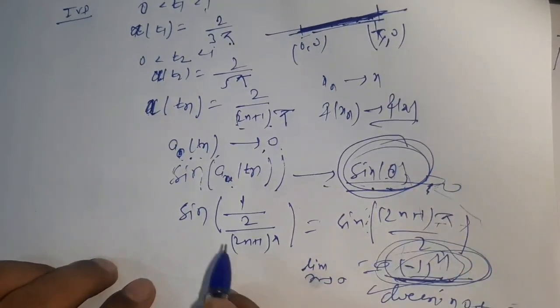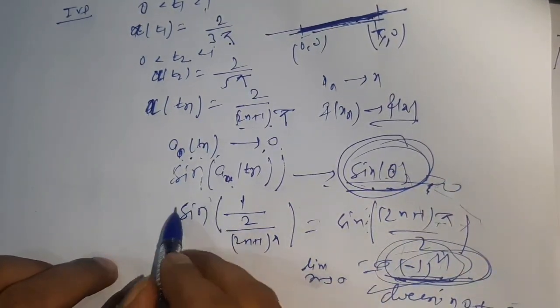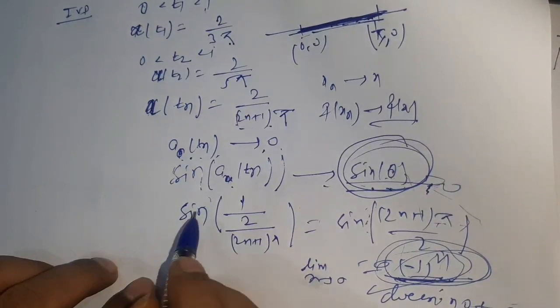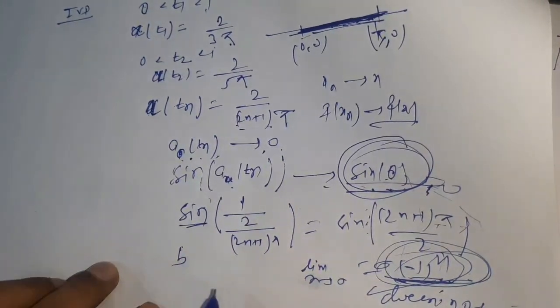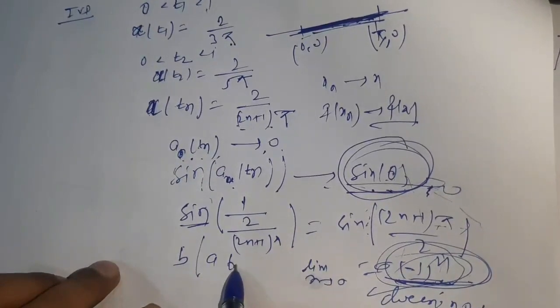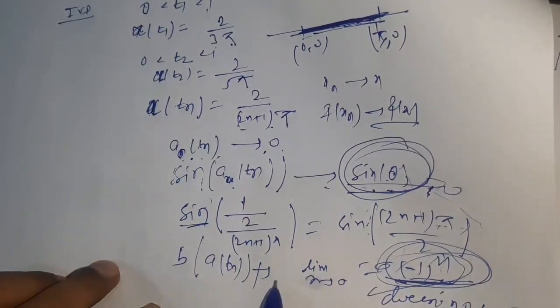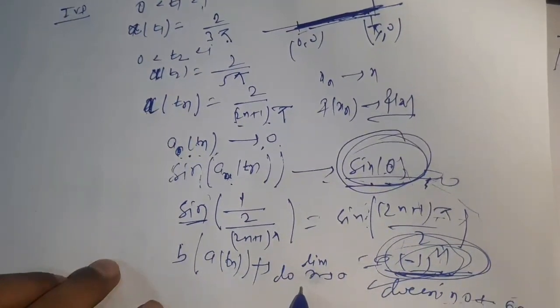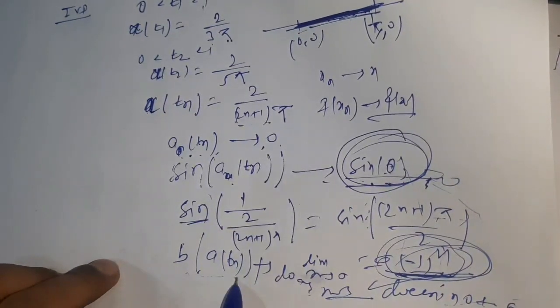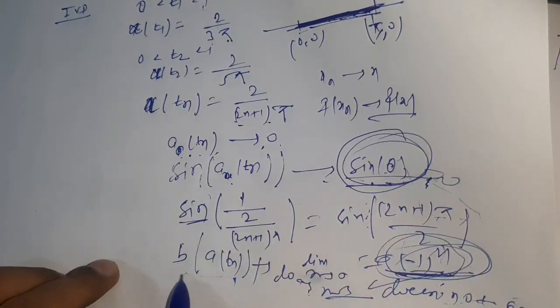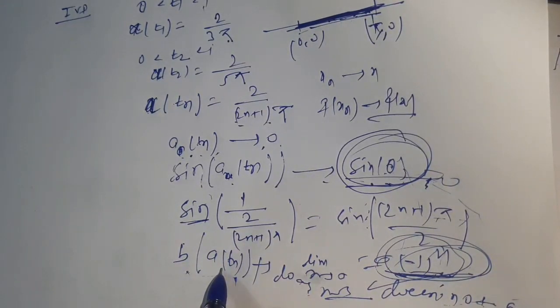If you denote this term as B, then B a t n does not exist, and B a t n belongs to the curve sine 1 by x.